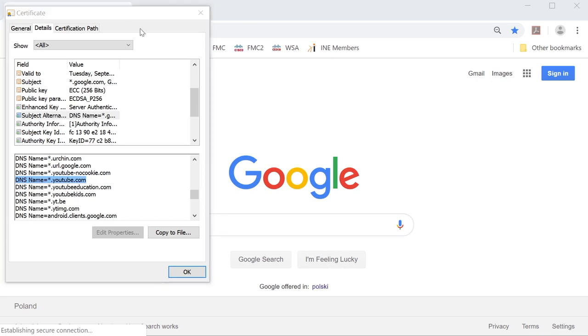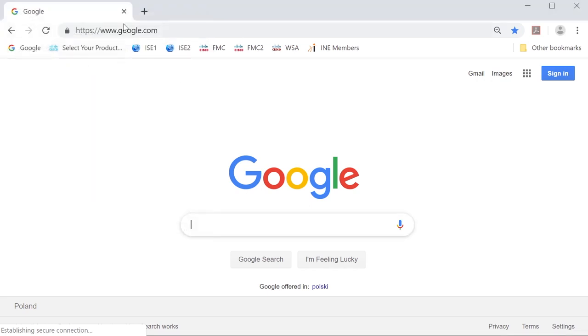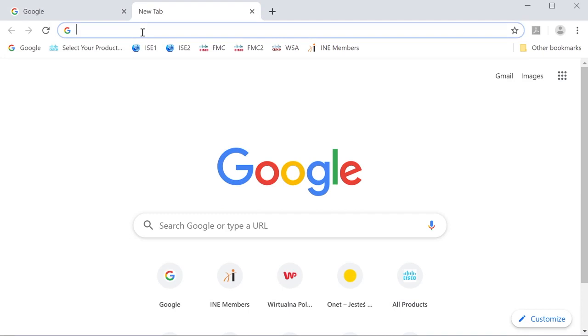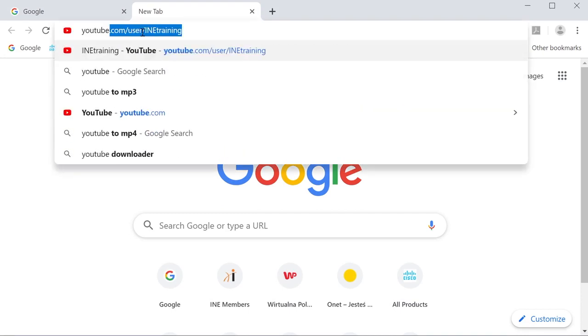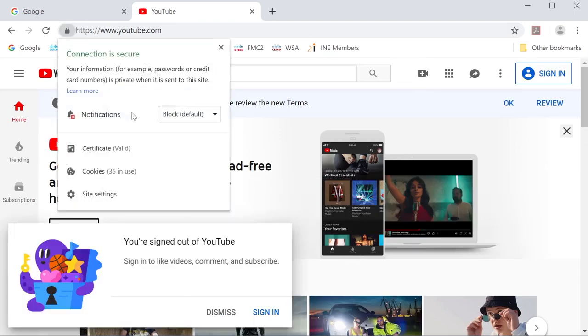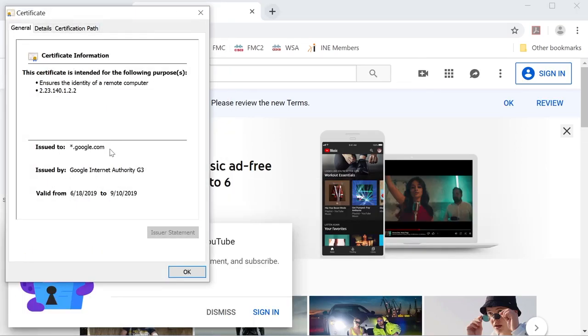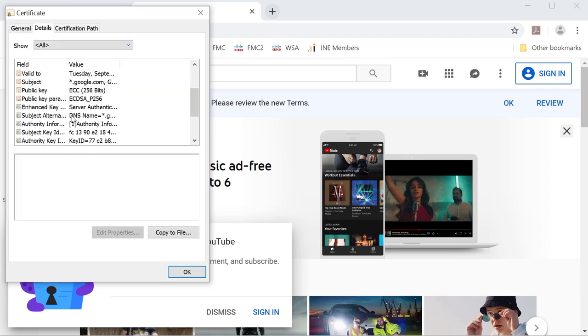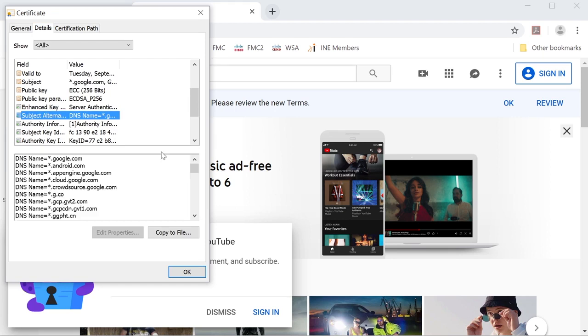So if we take a look at youtube.com, check this certificate. It's the same. It's issued to something at google.com. We take a look at the subject alternative name. It's the same exact certificate.